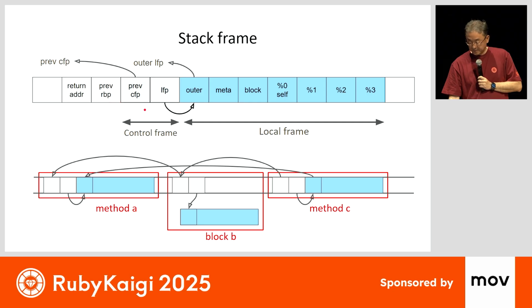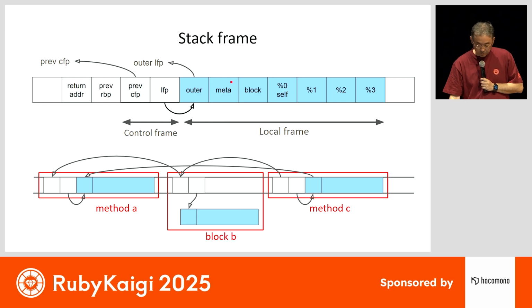So this is the structure of the stack frame. If you call a certain method or block, each stack frame is pushed, and the frame is popped when you return. The frame has a link to the caller frame, like a chain, and also has a link to a local frame. This is the local frame.